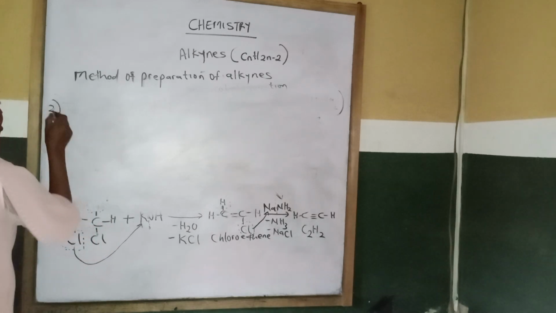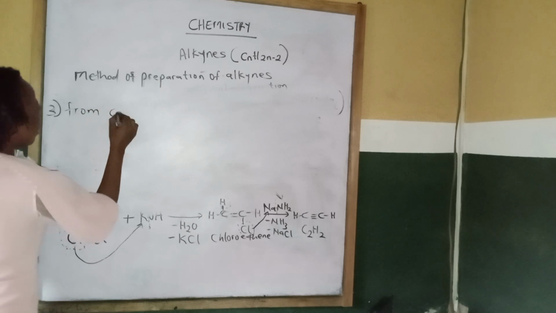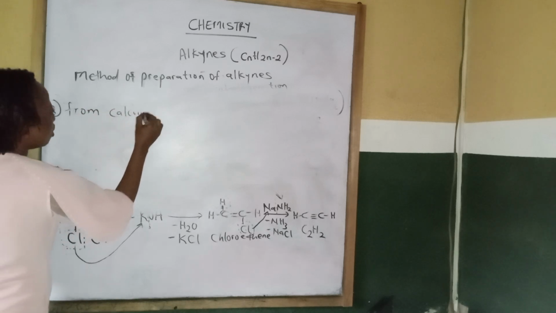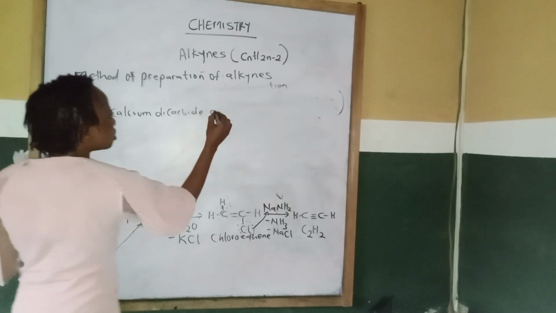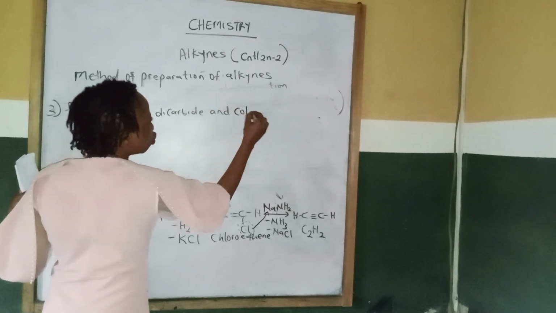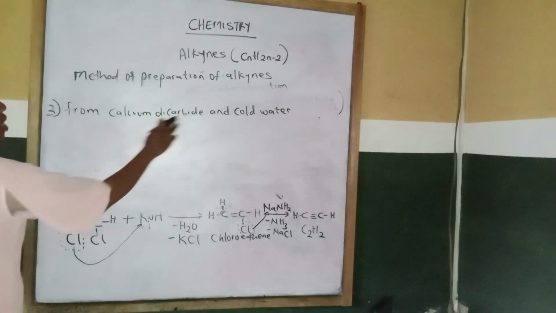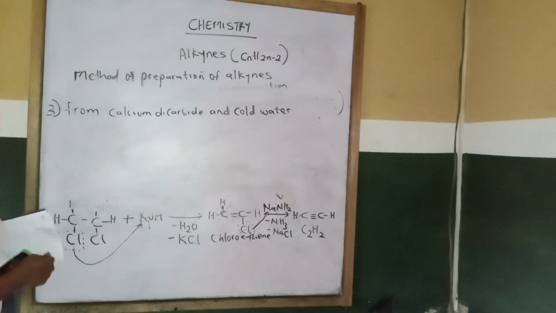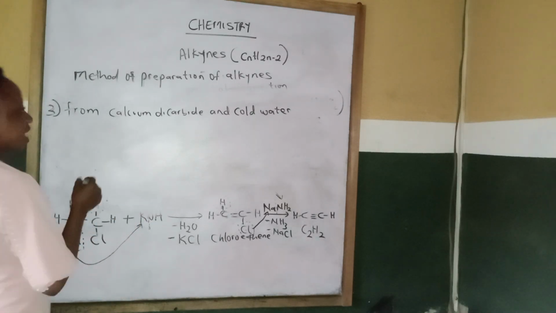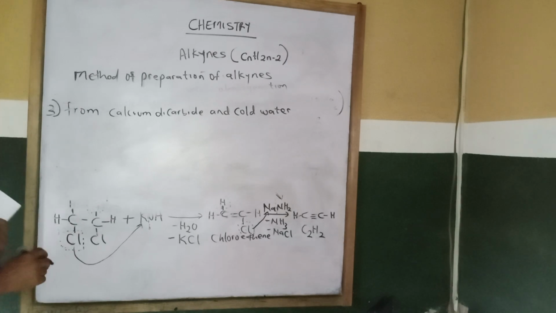That is number 3: from calcium dicarbide and cold water. The reaction between calcium dicarbide and cold water will give us ethyne. We want to produce ethyne.